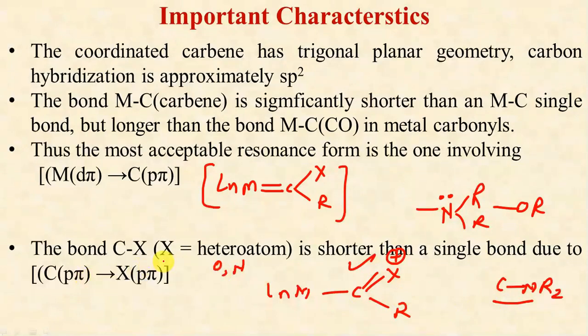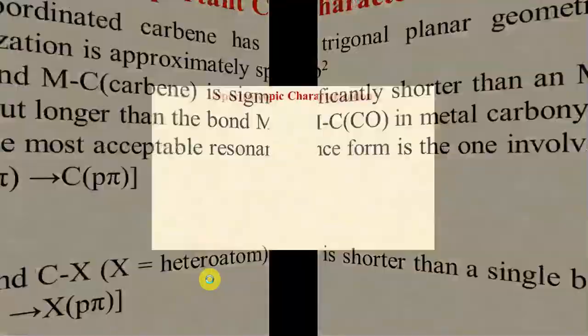And why is this happening? Because of the formation of this p pi back bonding. Means the p orbitals share their electrons from this heteroatom with the vacant p orbital of the carbene carbon atom. These were the important characteristics for these carbenes.